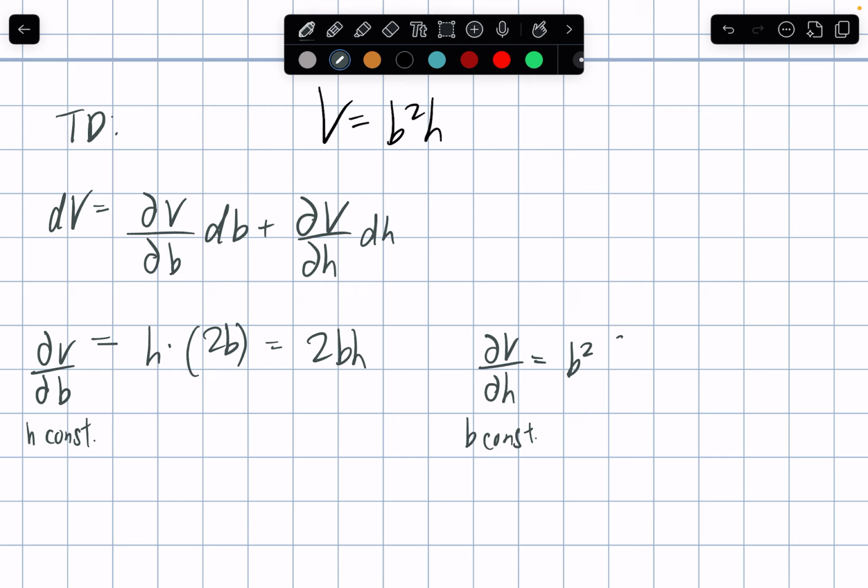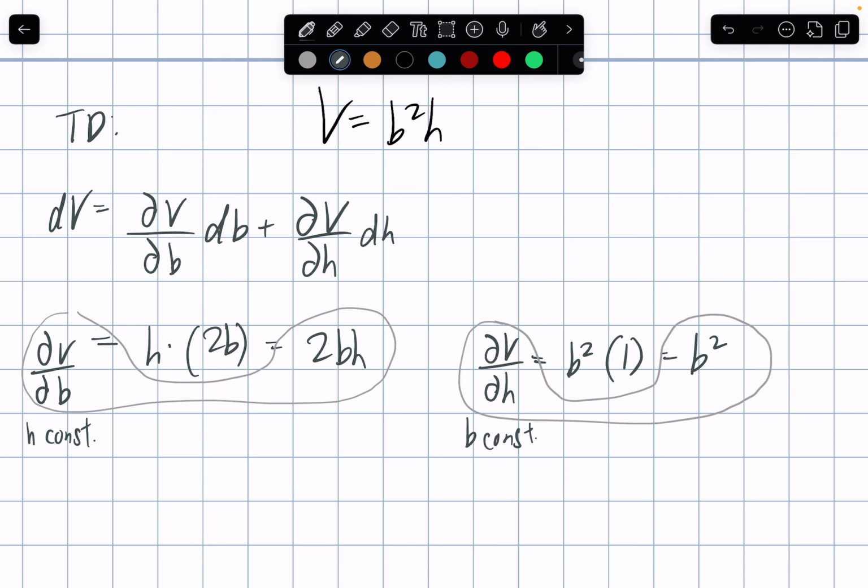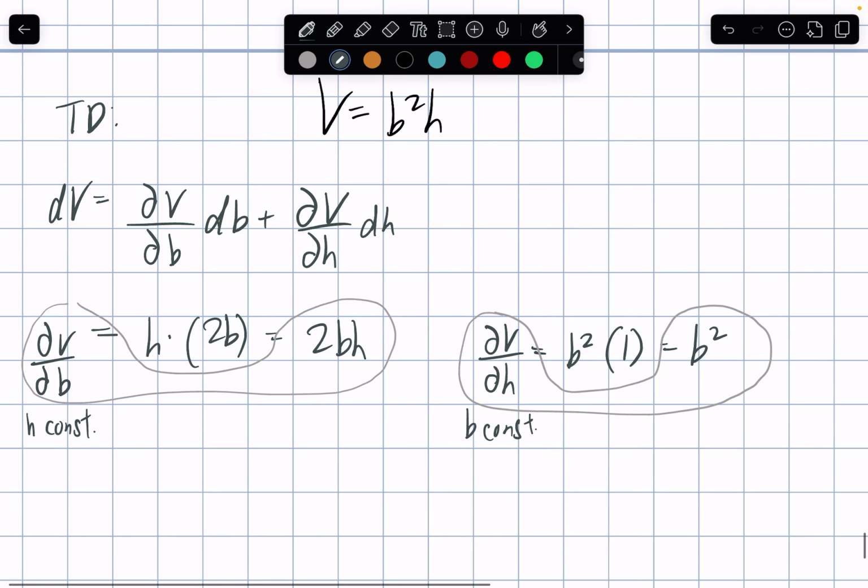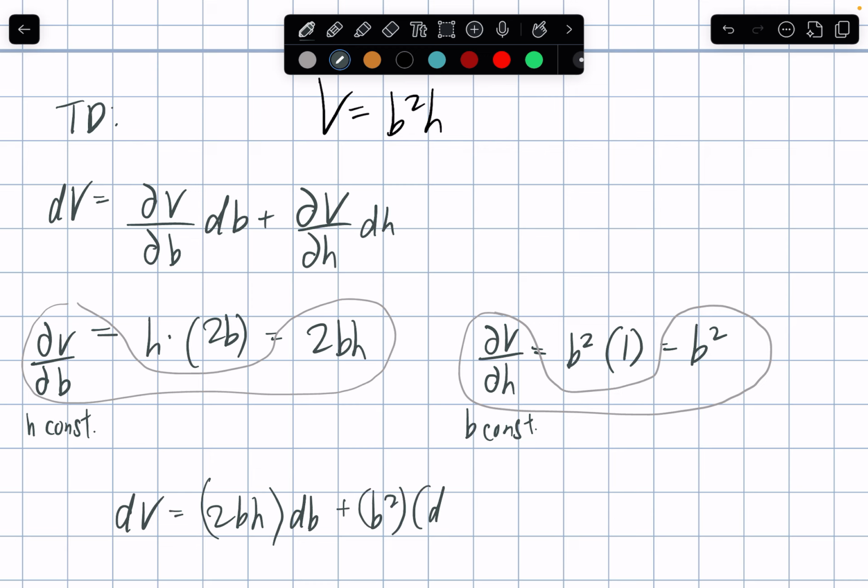So B squared, and then the derivative of the height is 1. So the answer is B squared. Note those values. This time, we substitute. So dV is equal to 2BH times dB plus B squared times dH.